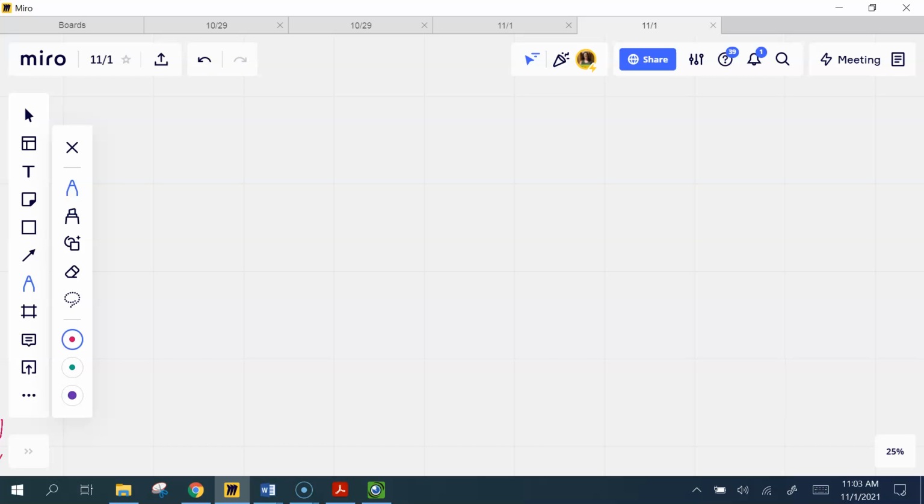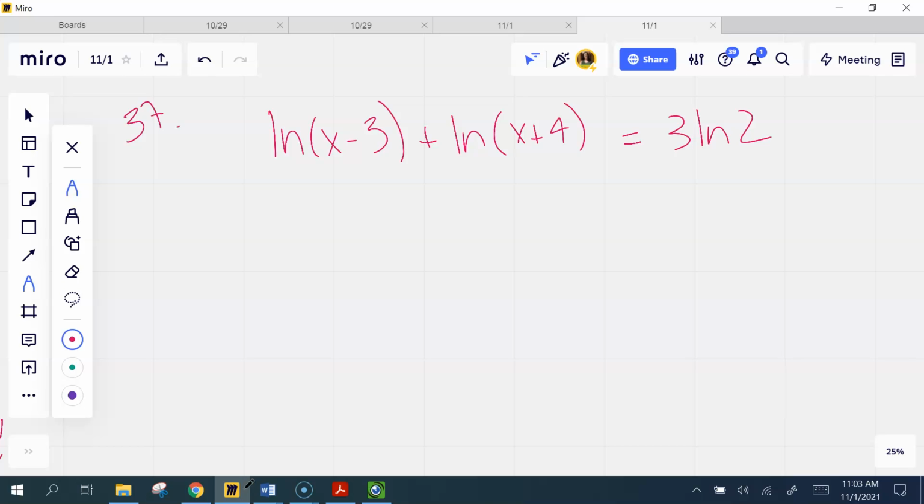I think we'll do one more. This is 37. This should put us in a quadratic situation, because there's only two x's.